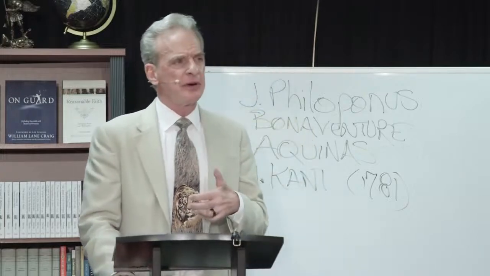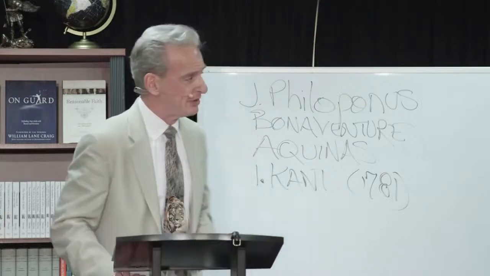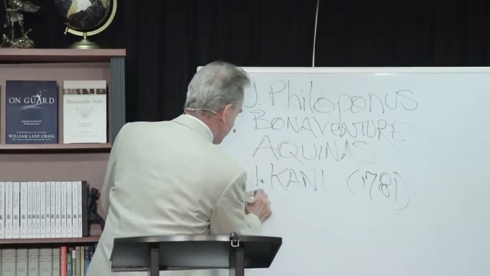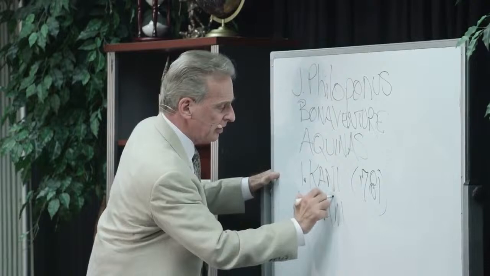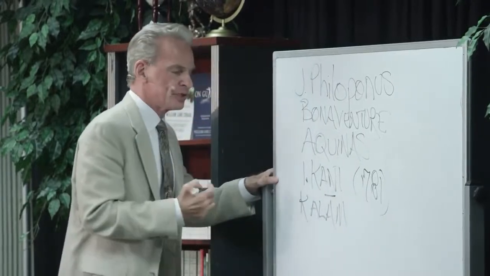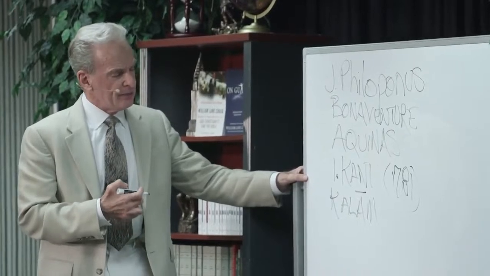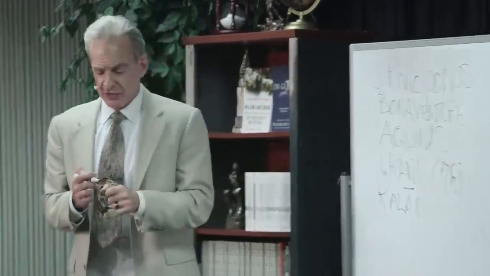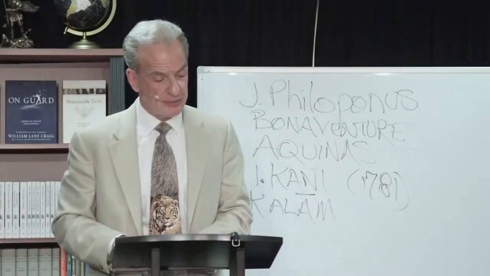Now, we covered this so-called Kalam cosmological argument when we discussed arguments for the existence of God. Kalam is the Arabic word which denotes medieval Islamic theology. And in view of the contribution of these Muslim theologians to this version of the argument, I have dubbed it the Kalam cosmological argument.